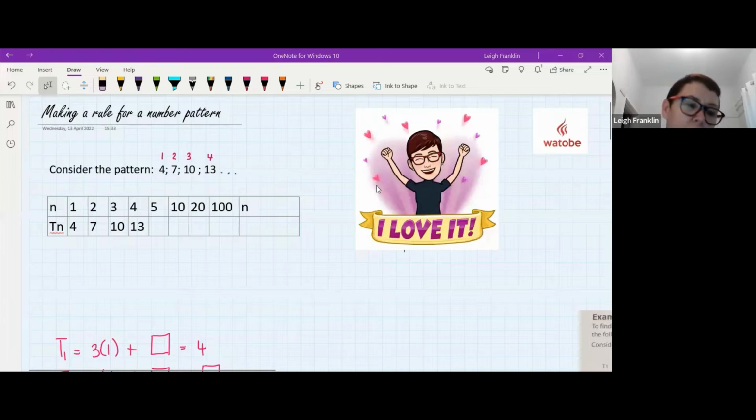Now, in fact, you can answer this question, Benolo. When we look at these numbers, 4, 7, 10, 13, what sort of pattern is that? Is it an arithmetic pattern or a geometric pattern? We were talking about that the other day.